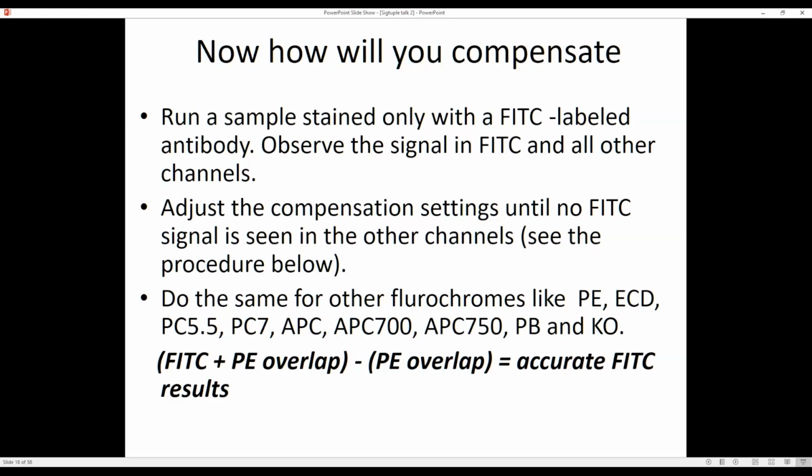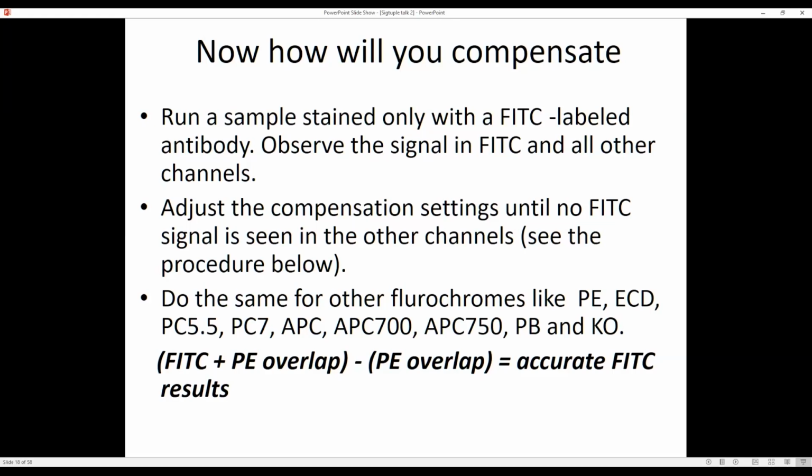Now I'll be looking into other detectors other than FITC, like PE, ECD, PC5.5 and PC7, whether any signal is coming. Ideally, if there is no spillover, there will not be any signal in other channels. If I get signals in PE, ECD, PC5 and PC7, that means there is a spillover of FITC into those detectors. So that is the best way to know whether there is a spillover happening.